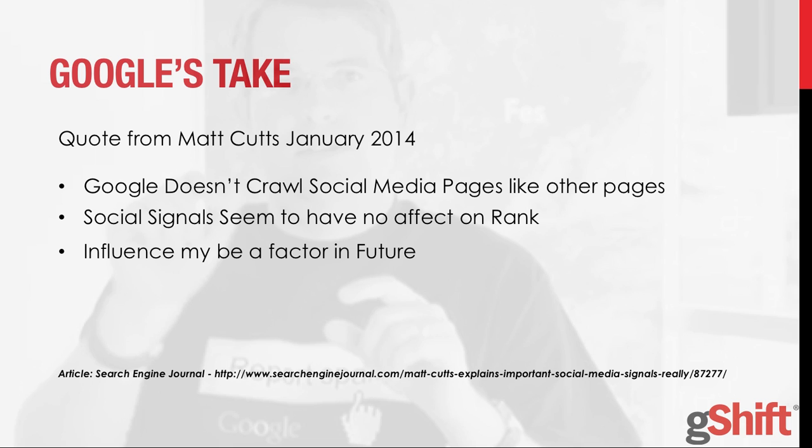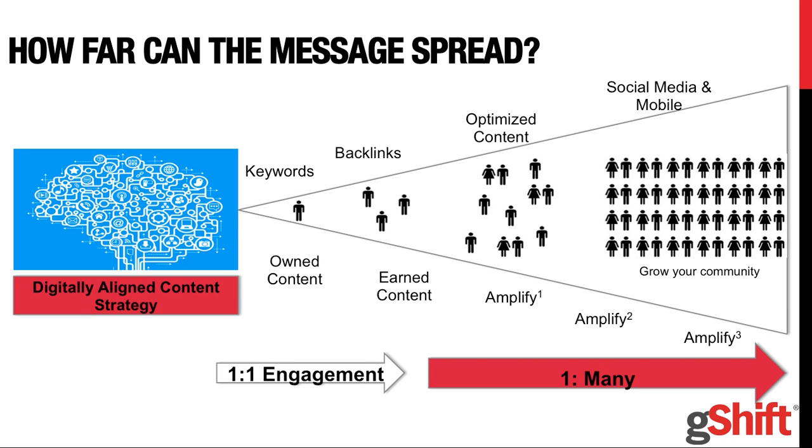In the end, Google admits that they don't crawl social media pages, so they don't look for these signals, but the number of signals a piece of content has can lead to a larger audience, and therefore can lead to higher influence, which may be a factor in the future. So social signals do matter, however they do not have a direct influence on rankings.